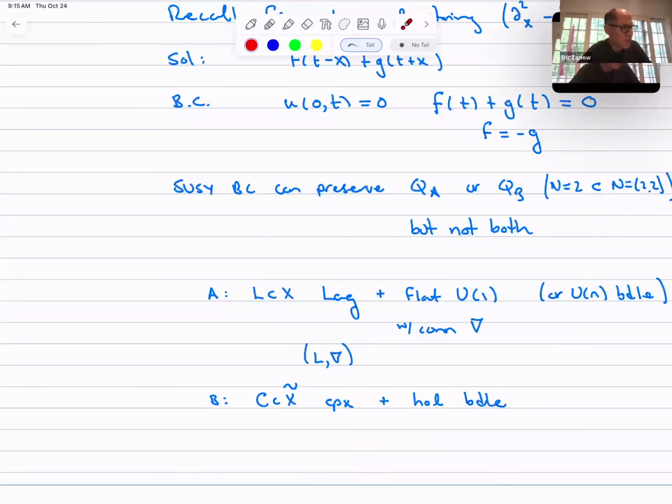The Dirichlet type boundary conditions are that the string has to end on a complex submanifold. Or that complex manifold could be the whole entire thing. Again, there's a gauge field, and that gauge field has to be a gauge field for a holomorphic instead of a flat bundle.